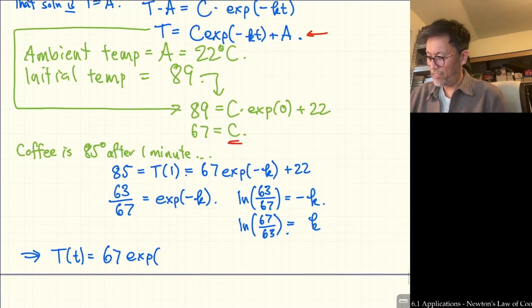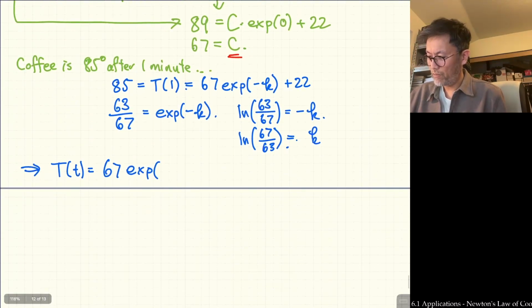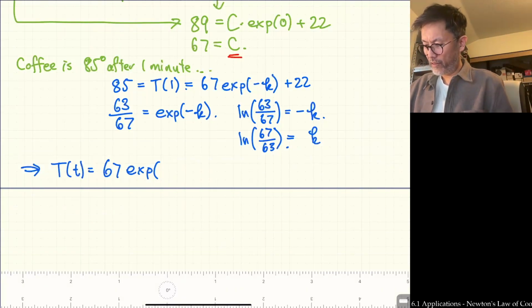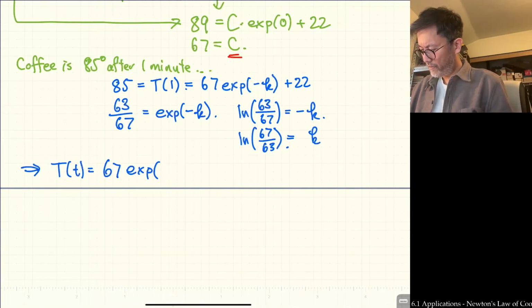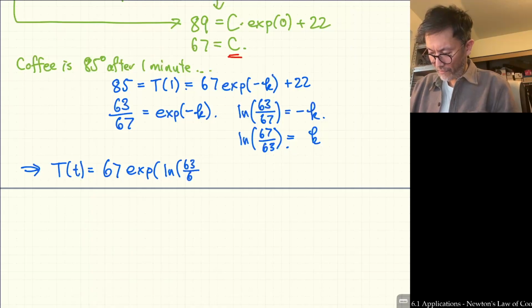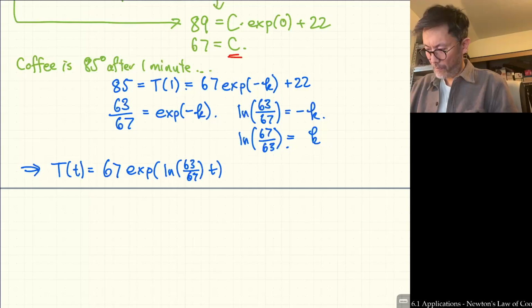So I really didn't even need to do this step. But who cares, right? So really I just put natural log of 63 over 67 times t plus 22.